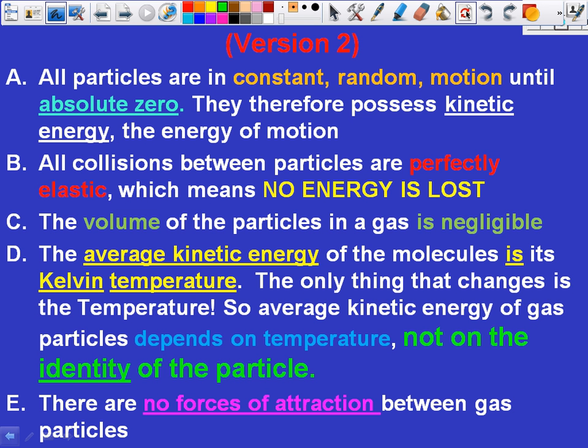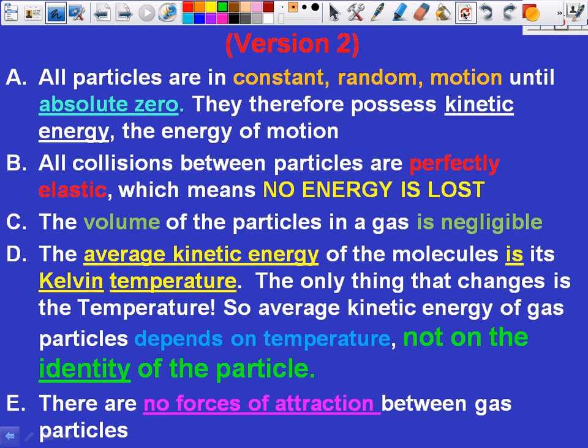If I could point out one thing in this whole slide or this whole packet that's crucial to your understanding, it's this part right here, and you're going to see it 100 times between now and the end of this session. The average kinetic energy of the molecule is, one more time, the average kinetic energy of the molecule is the Kelvin temperature.